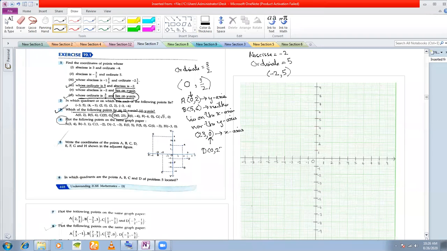Next, D (0, 3). Which axis does it lie on? The y-axis. You see that the x coordinate is 0, so it lies on the y-axis. Next one, E (0, -4). Again, what can you say? The y-axis. The x coordinate is 0, so it lies on the y-axis. Next is F (-6, 0).